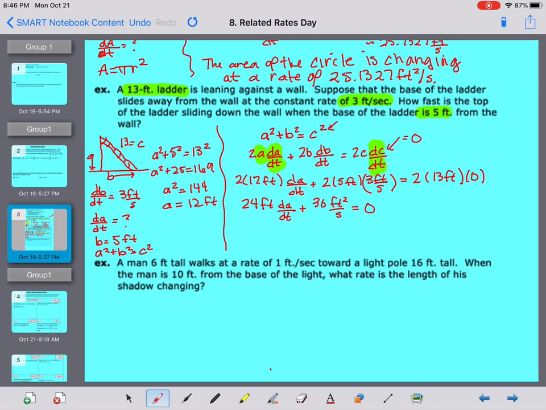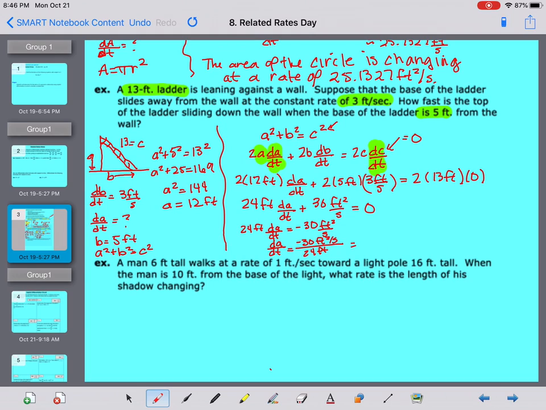So now if we start solving for dA/dt, we'll get that our 24 feet dA/dt equals negative 30 feet squared per second. And then, of course, dividing both sides by 24 feet, we get that our dA/dt is equal to negative 30 feet squared per second all over 24 feet.